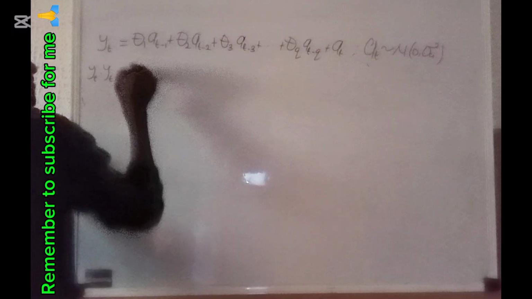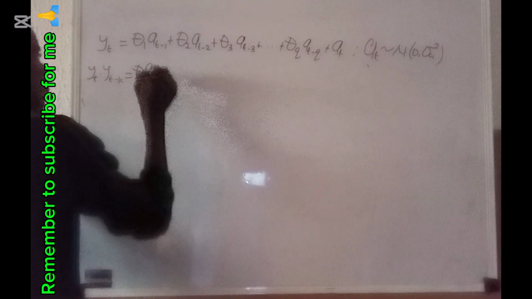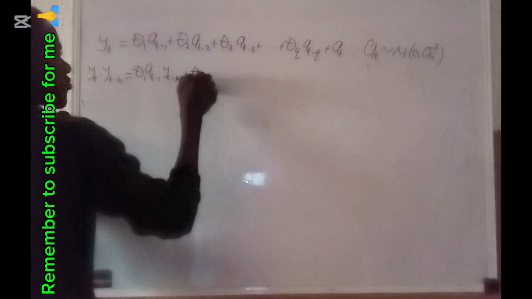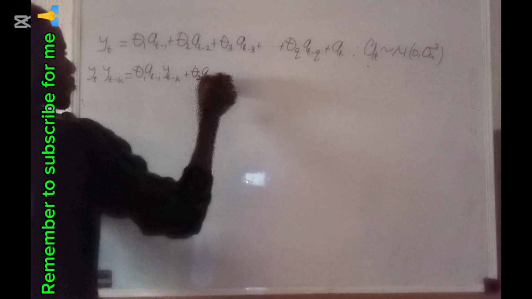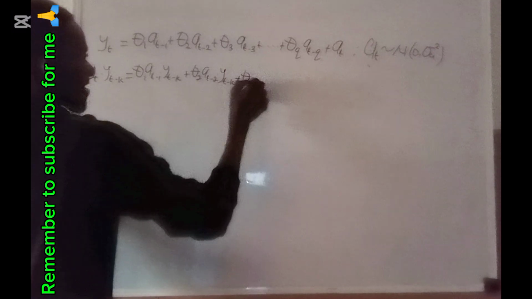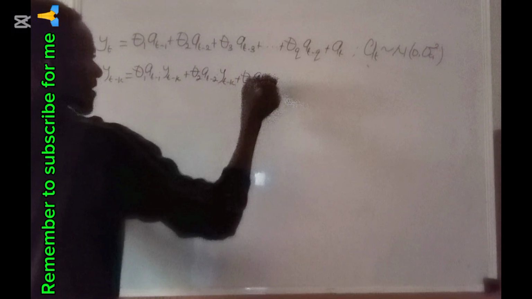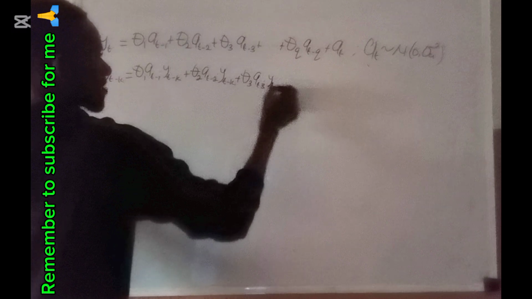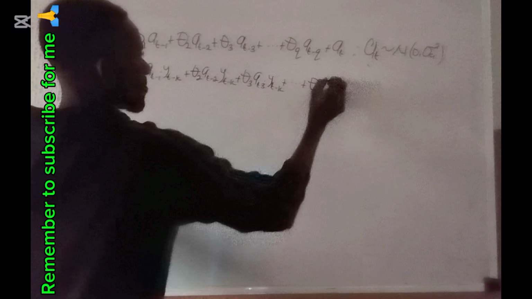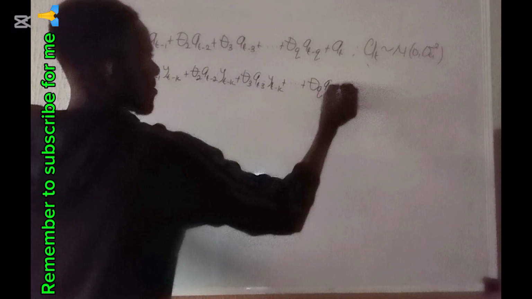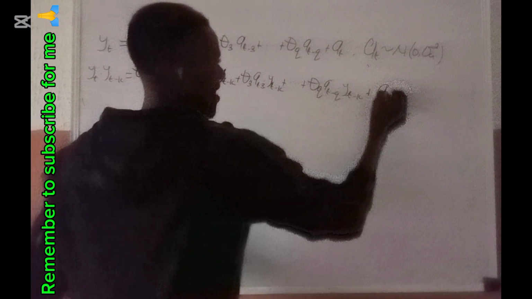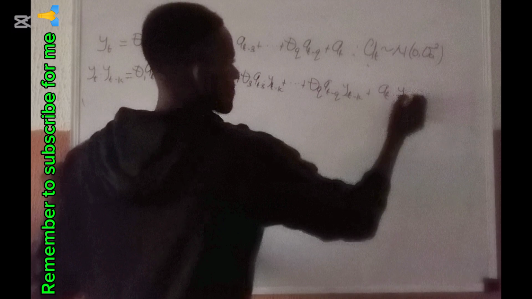So this equals theta 1, a of t minus 1 multiplied by y of t minus k, plus theta 2, a of t minus 2 multiplied by y of t minus k, plus theta 3, a of t minus 3 multiplied by y of t minus k, plus up to theta q, a of t minus q multiplied by y of t minus k, plus, for this one, a of t multiplied by y of t minus k.